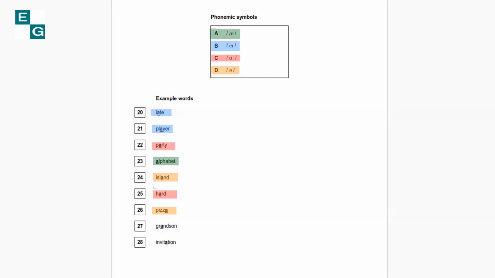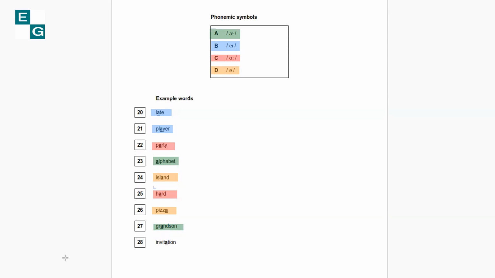I might want to say that the word grandson is going to take this color to show that option A is my answer for grandson.